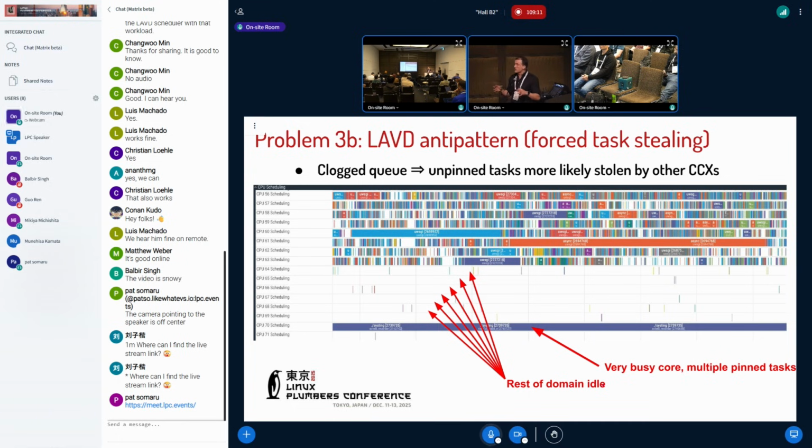It turns out that the forced task steal path in LAVD is very sensitive to imbalances in the contention on a given queue, and some of these emergent effects can arise, where in this case, all of the neighbors to the very hot core are losing out, not able to get much work out of the queue compared to all the other CCXs that they're competing with on a relatively large system with more than 100 cores.